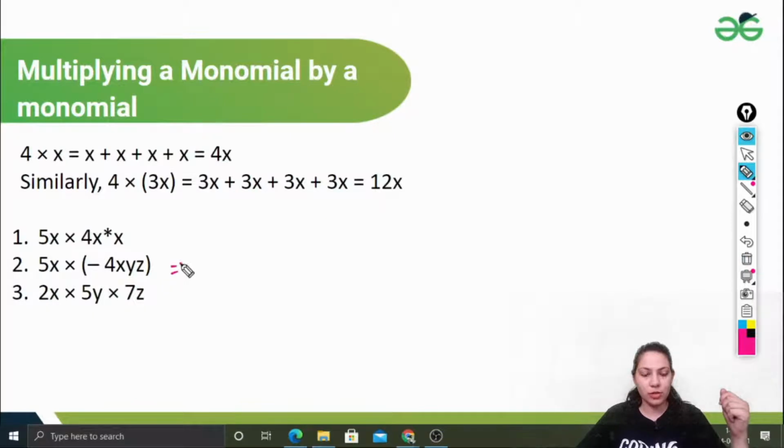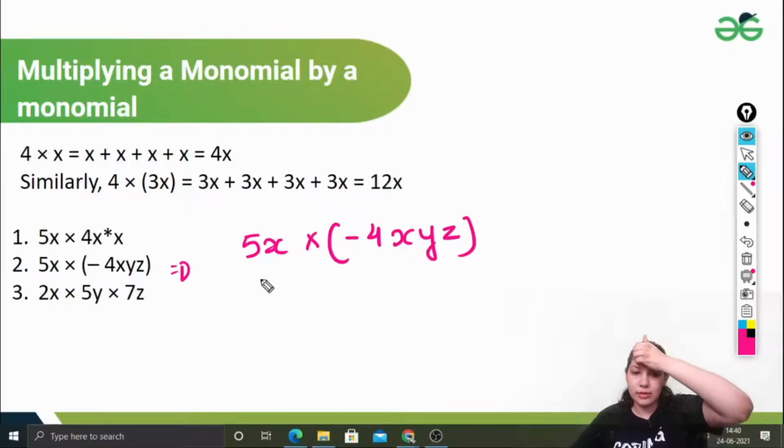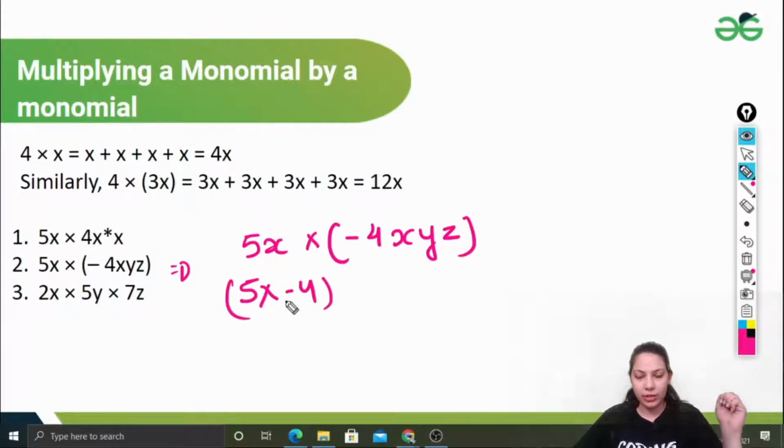Let's solve this question. 5x multiplied by minus 4 of x, y, z. Now you can see again 5 into minus 4, the coefficients are multiplied. We will multiply x into x, y and z.